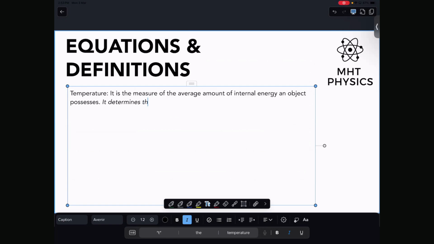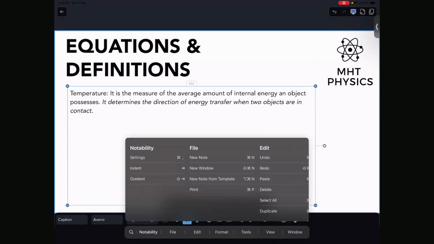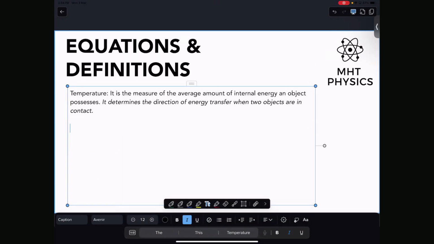Yes, it determines the direction of energy transfer when two objects are in contact. The temperature gradient. Okay, so just add করে রাখুন এখানে। Next হচ্ছে it's a measure of, oh yeah, right, exactly, sorry. The kinetic energy would be also measured.